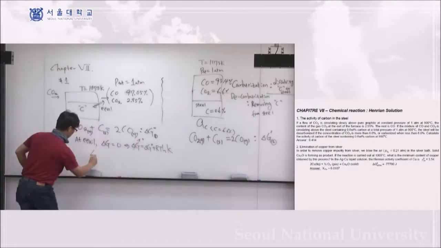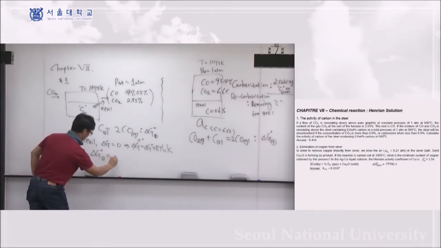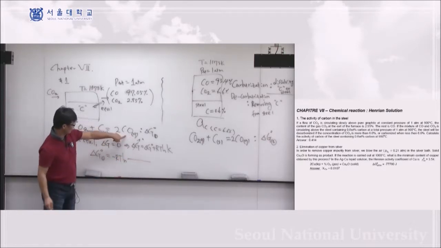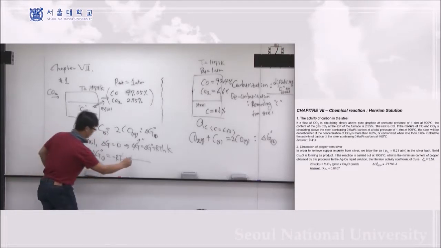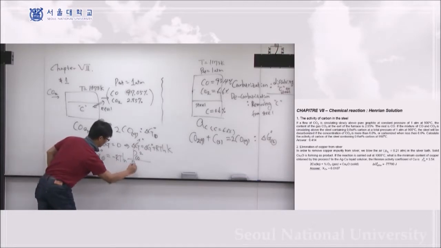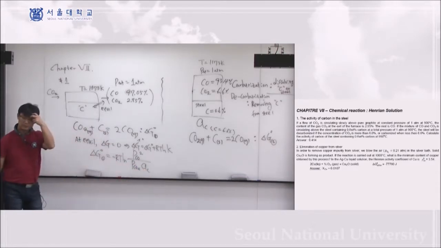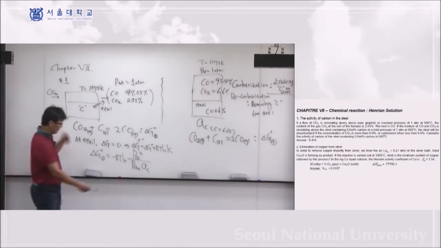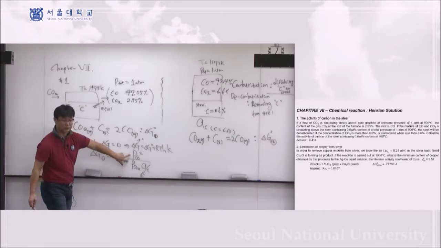So delta G naught 1 equal to minus RT ln of the partial pressure of CO squared, over the partial pressure of CO2 and the activity of carbon. And of course, this activity is 1, so this only depends on CO and CO2.